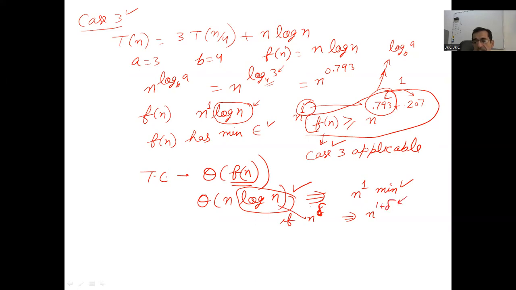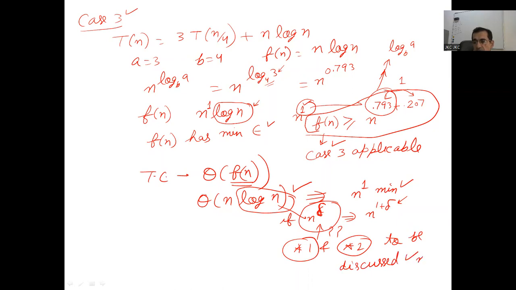But whether log n can be claimed to be n power delta or not is a question mark. And this is how my star 1 and star 2 conditions come into the picture. When I said polynomially smaller or larger, that is what we are going to see now. The regularity condition, as I already said, is mostly applicable. So let's now understand what we mean by the polynomially smaller or larger requirement.